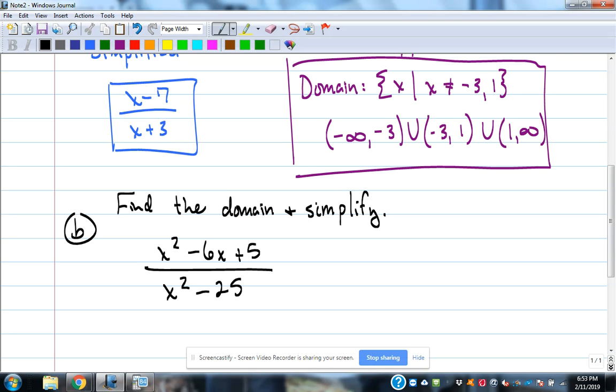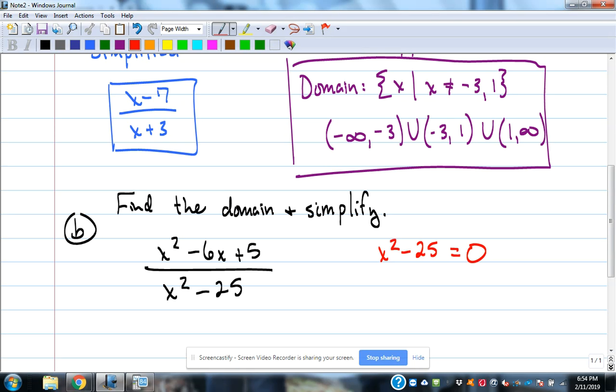Okay, so we're going to set what part of that equal to 0? x squared minus 25, the bottom part. Here's where you've got options as far as solving this, but the most logical thing you can do is factor it, because we're going to have to factor it in order to simplify anyway. So we want to use factoring to solve this.